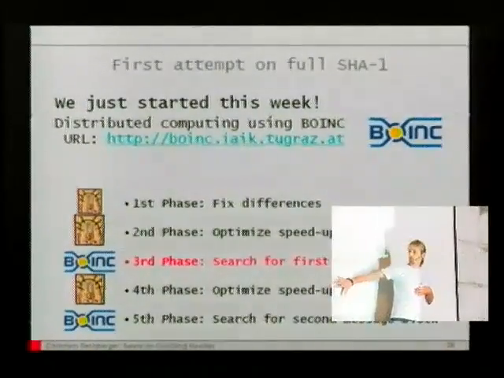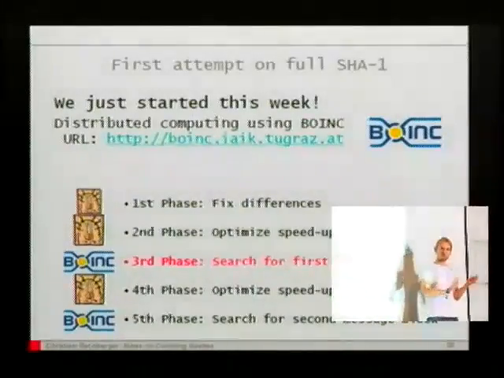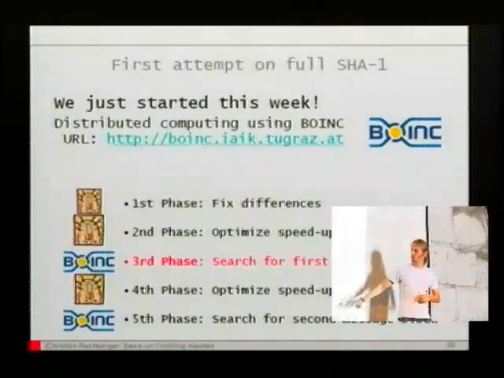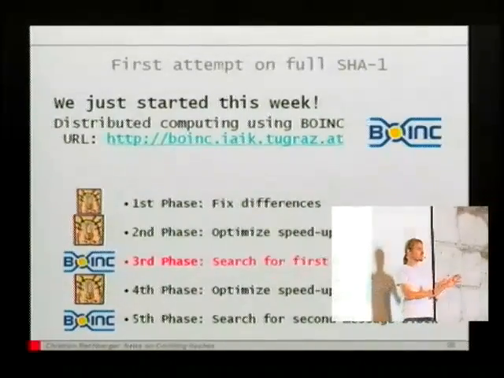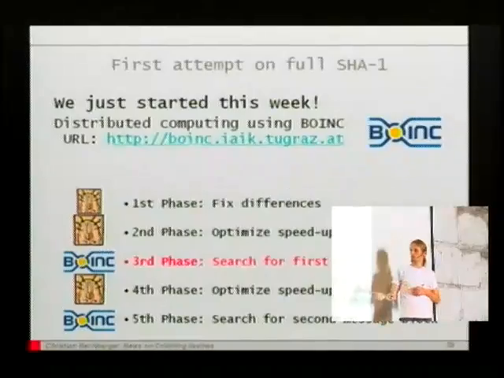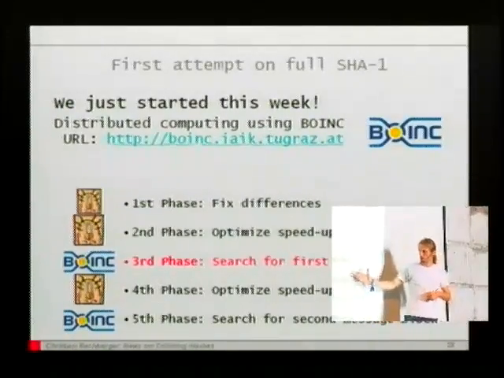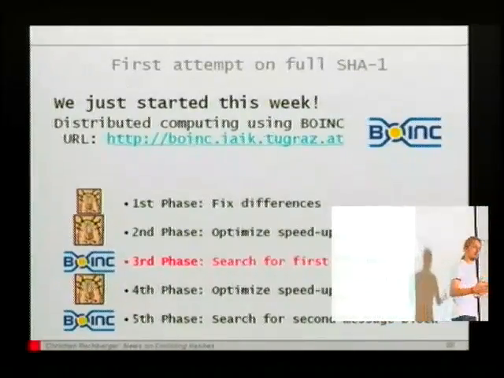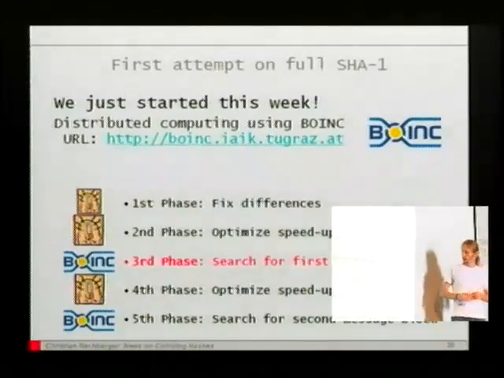However, that's a phase in the middle. Remember, we had this 2-block approach, which we found to be kind of optimal. Somewhere in the middle of the project, which will take several months, we will go ahead and design a new attack for the second block.